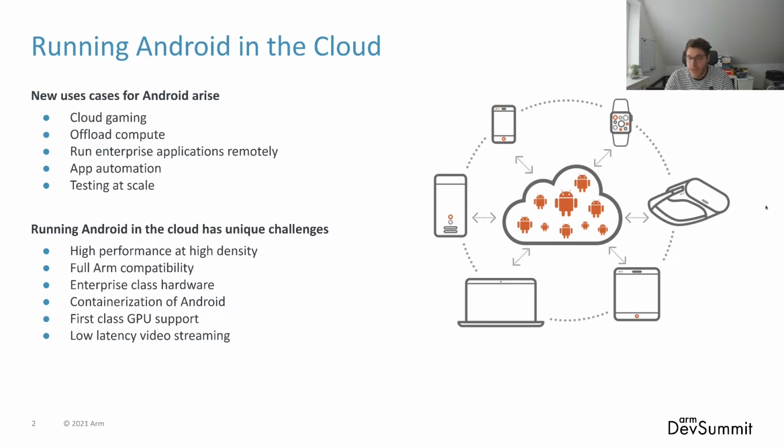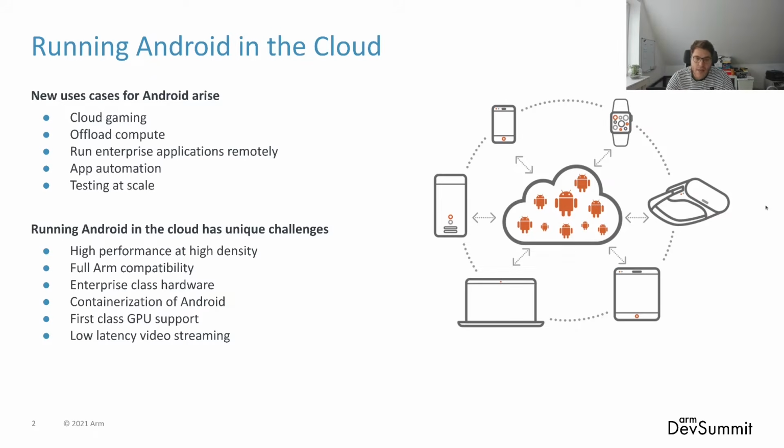On the one side, you require high performance, specifically when doing cloud gaming. You may have more advanced game titles which really require adequate CPU and graphics performance. And to be cost efficient, as servers provide a lot of compute, you also want to run those Android instances at high density.